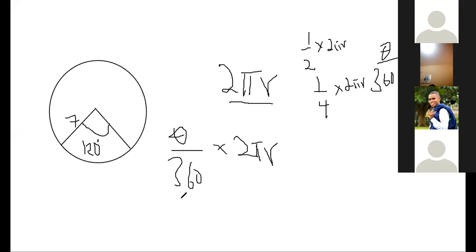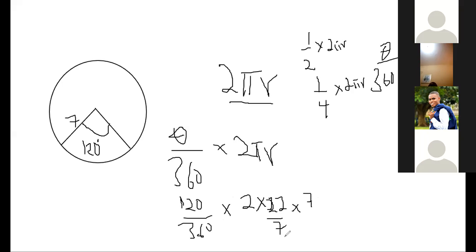And we know that our theta is 120 over 360 times 2 times our pi, which is always 22 over 7, times our r, which is 7.